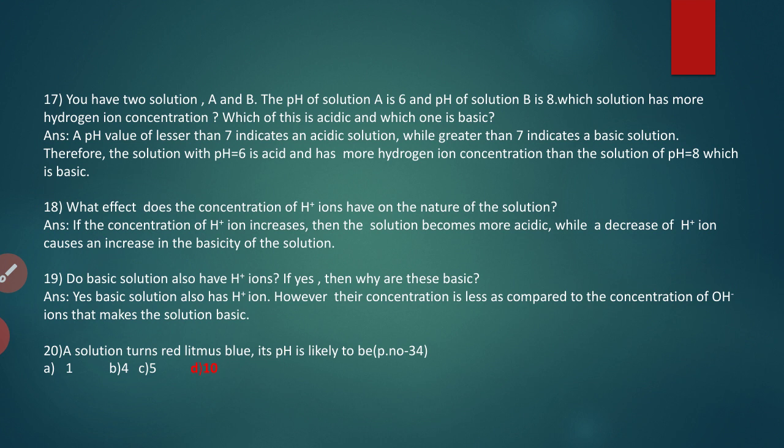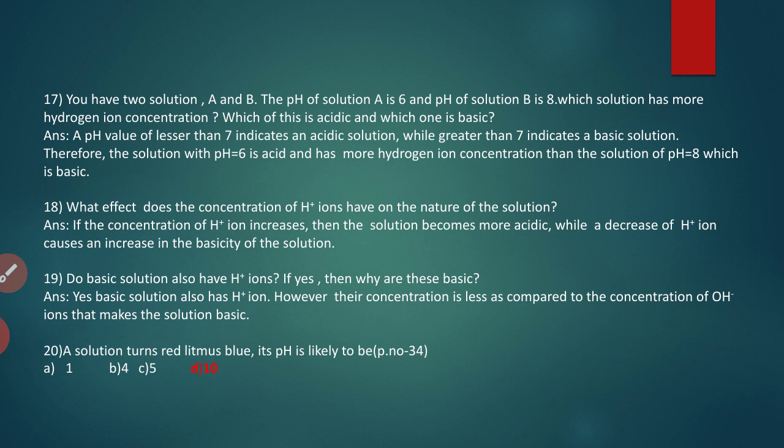As you know, a pH value of 6 is less than 7, so it is acid, and if the pH value is more than 7 it is basic in nature, and pH 7 indicates neutral. So you may know the answers. Let's see the answer now.